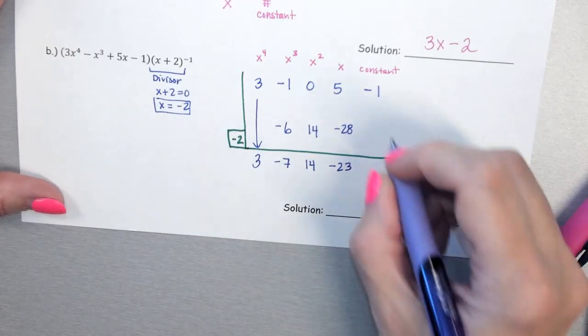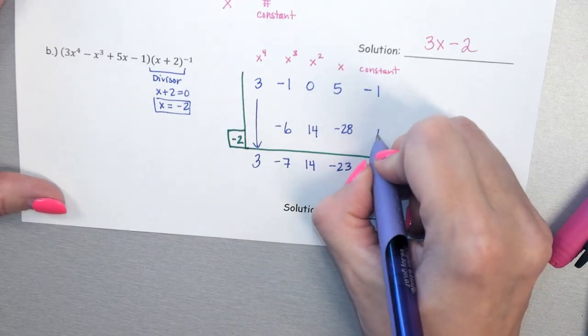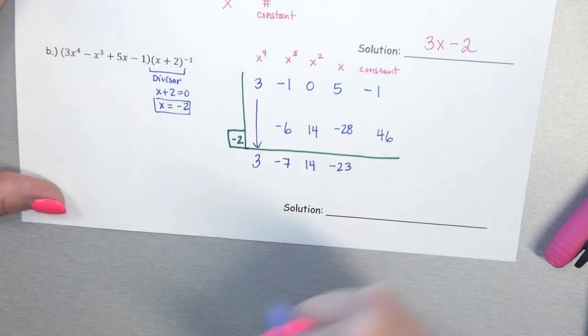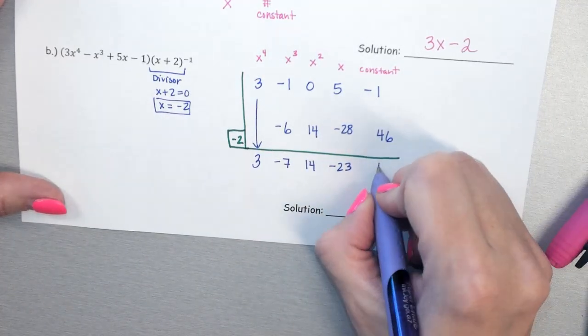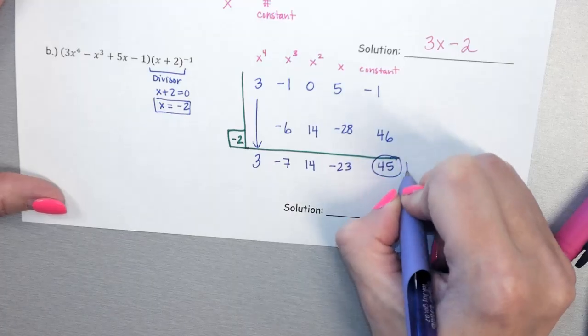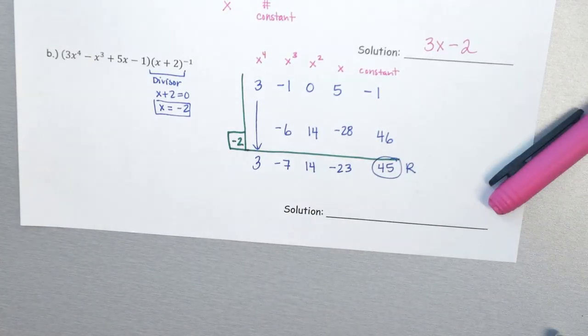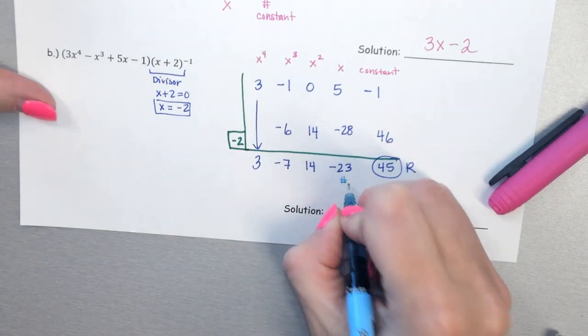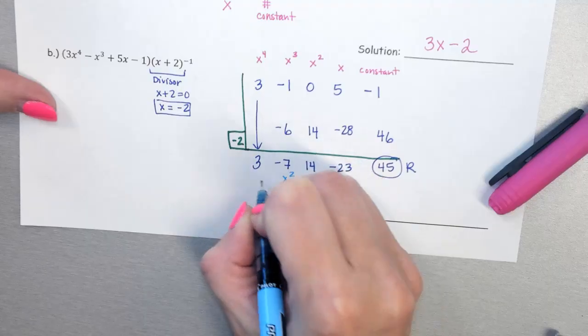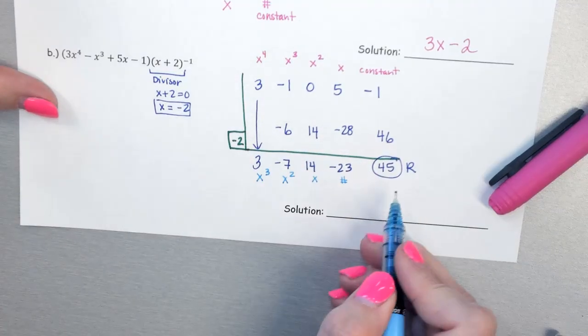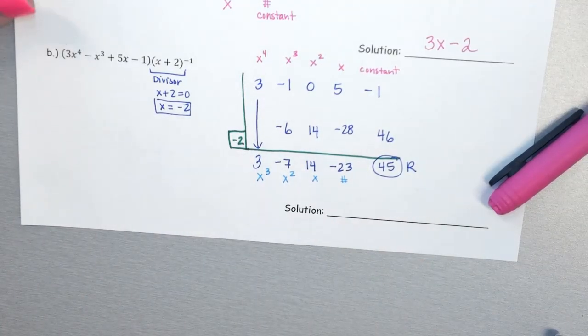Negative times a negative is a positive, so this would be 46. 46 and -1 is 45. I like to circle that and write that that is the remainder. So you have a number, an x squared, and an x cubed. I like to work my way backwards.